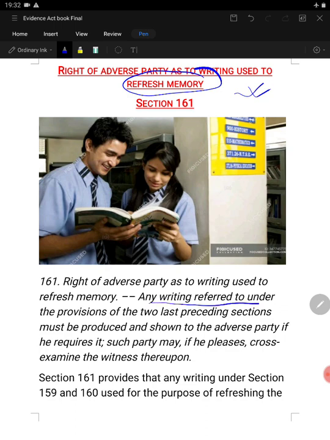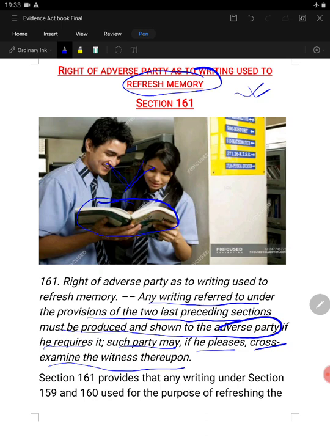Any writing referred to under the provisions of 159-160, that is to refresh memory, must be produced and shown to the adverse party if he requires it, and such party may, if he pleases, cross-examine the witness thereupon. So, whatever document is used to refresh memory must be shown to both the parties, and the adverse party may use it to cross-examine on it.